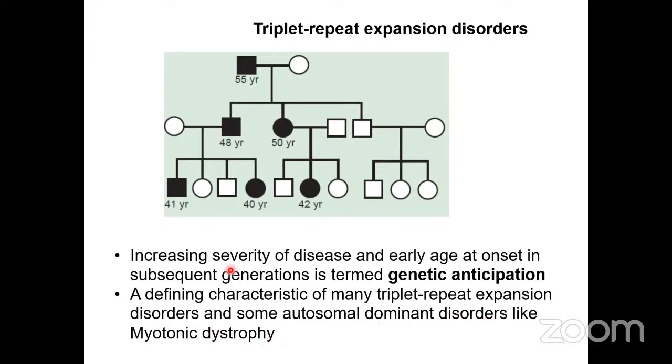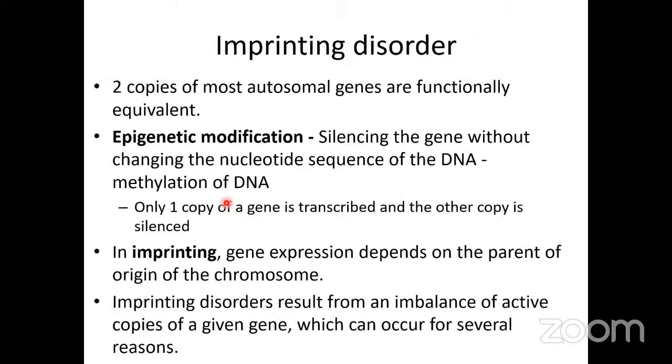This is a typical pedigree of myotonic dystrophy, where the first generation started manifesting at 55 years, then came down to 48 to 50 years. Now it is around 40 to 42 years. Subsequently, it will be even younger. So this is called genetic anticipation.